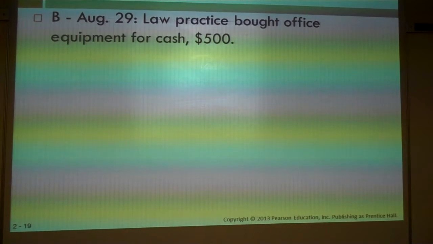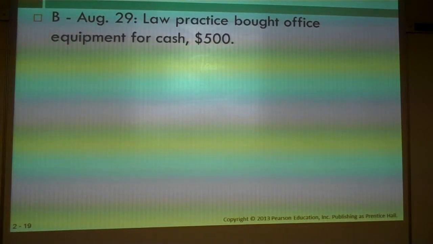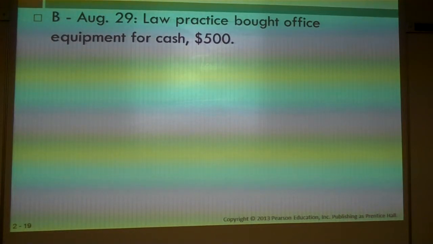Collected, received. Okay. Customer paid. Now the word paid is in there, but the customer paid the amount that was due. We're receiving cash, okay? If we're paying something, that's going to be the credit.